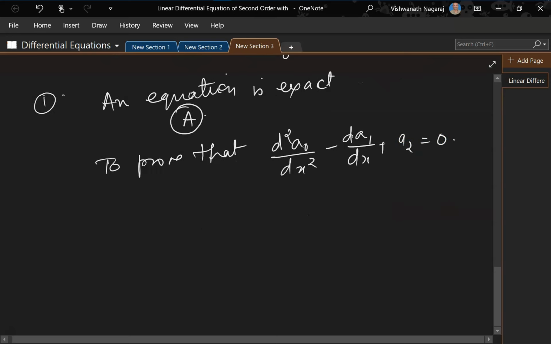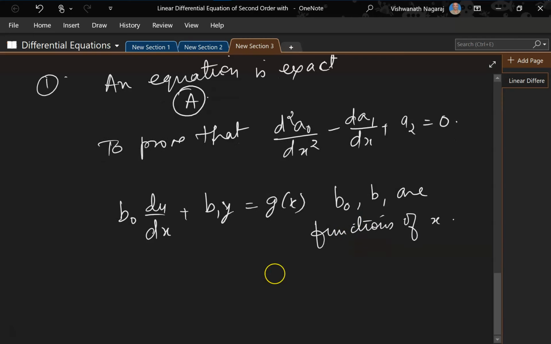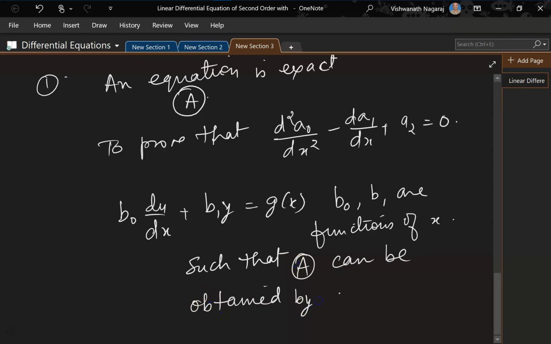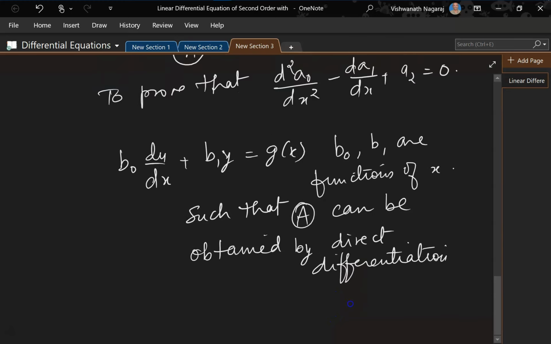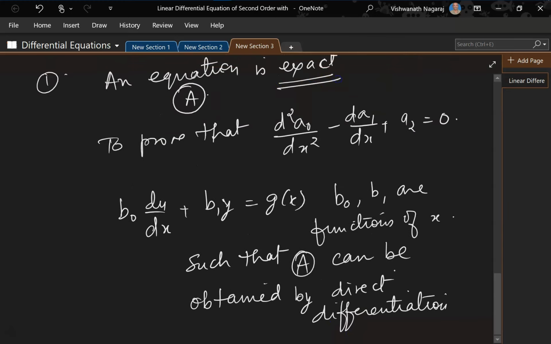So let's take the first order differential equation b0 dy/dx plus b1 y is equal to g(x), where b0 and b1 are functions of x. This is such that A can be obtained by direct differentiation. Basically that means that it is an exact equation, which I already mentioned.